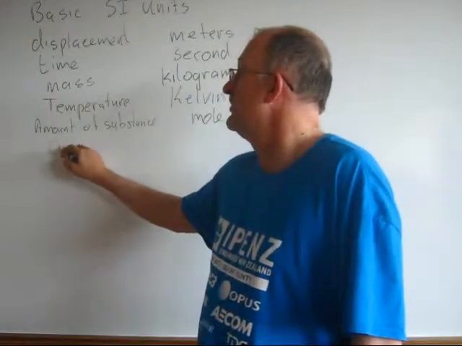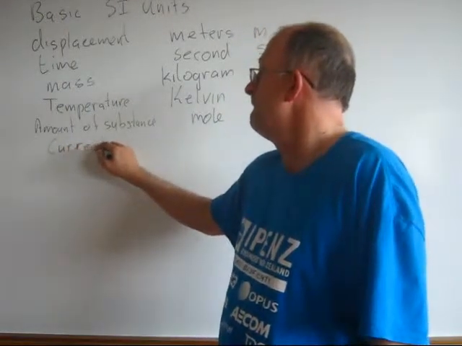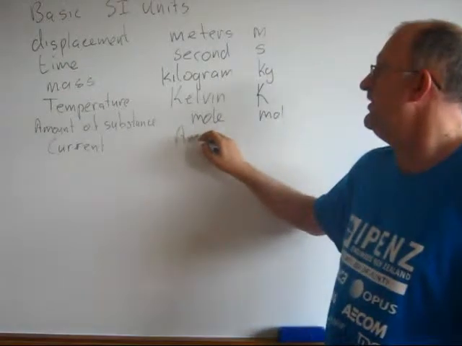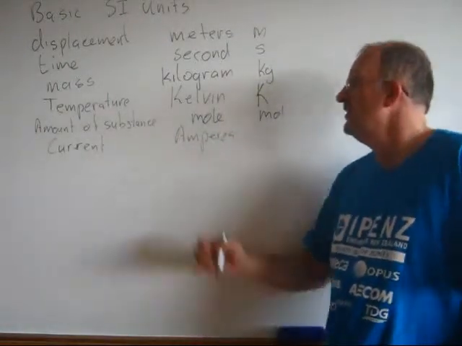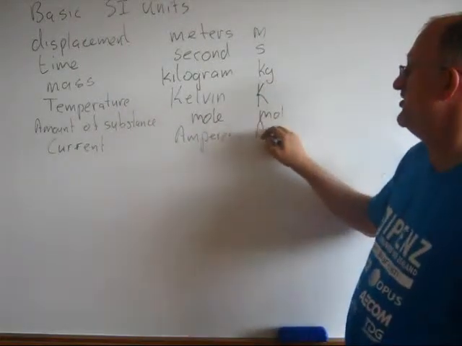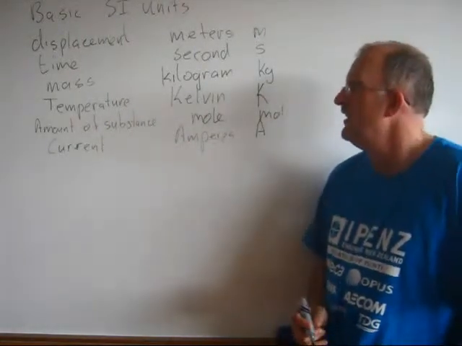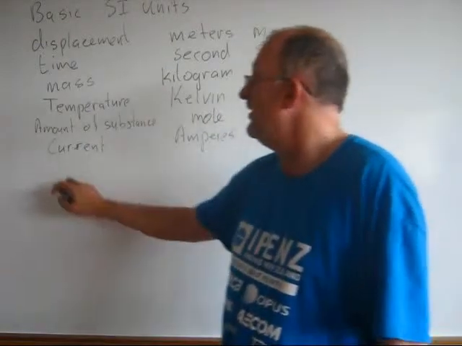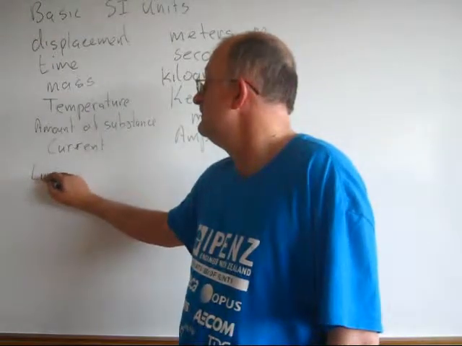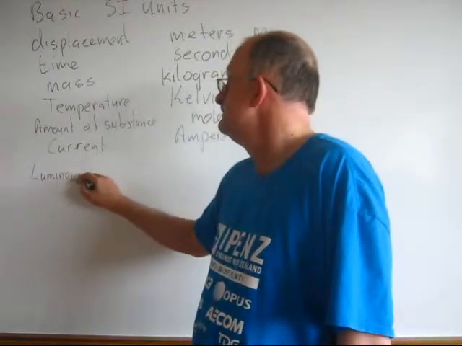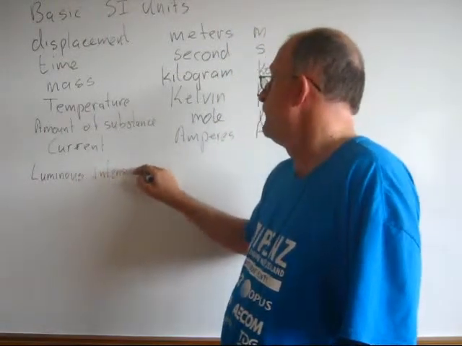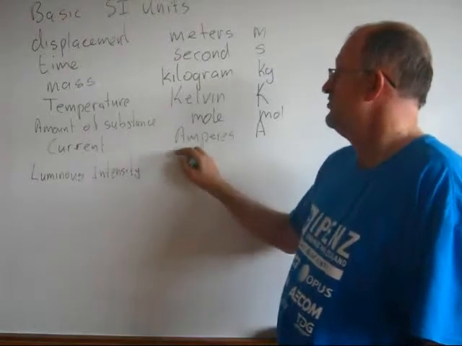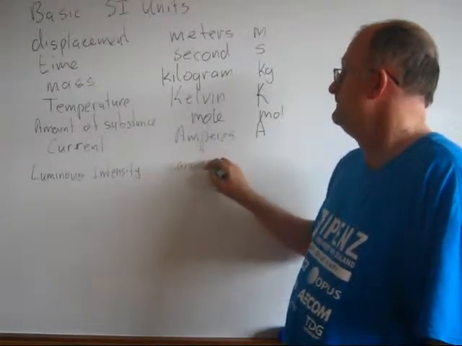Current, electrical current. It's measured in amperes. We will be dealing with that in the electricity section. Because Ampere was a real person, it gets a capital A. And the last one is luminous intensity, which is measured in candela.